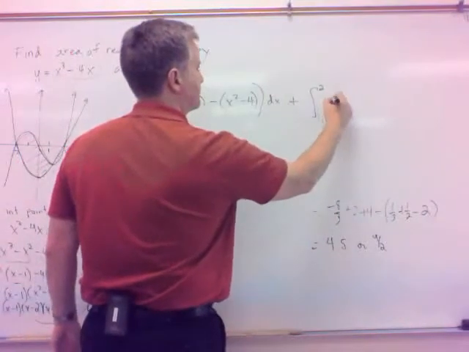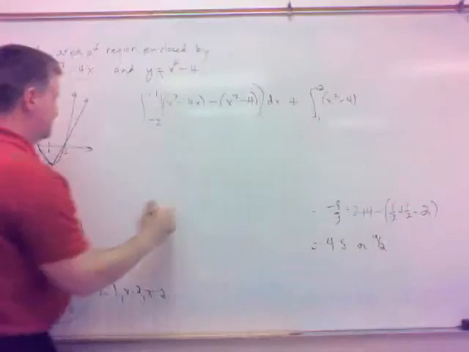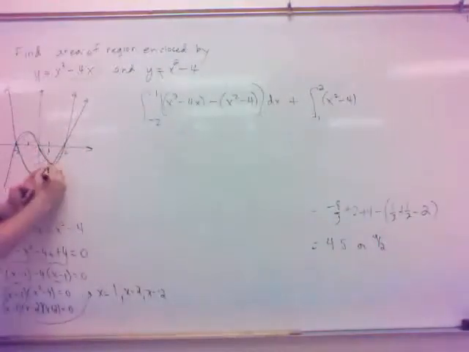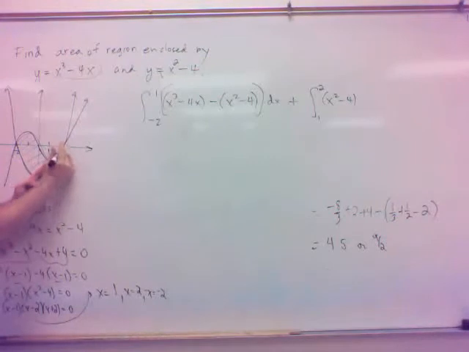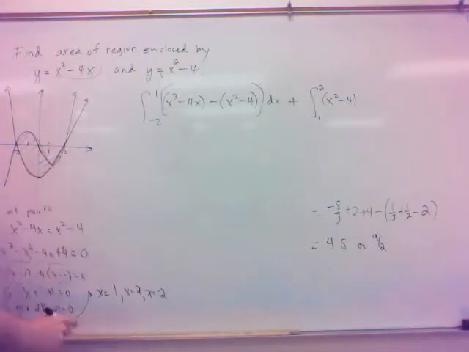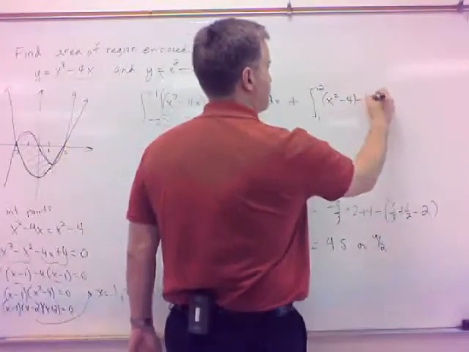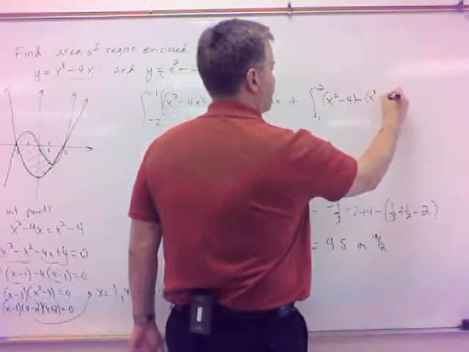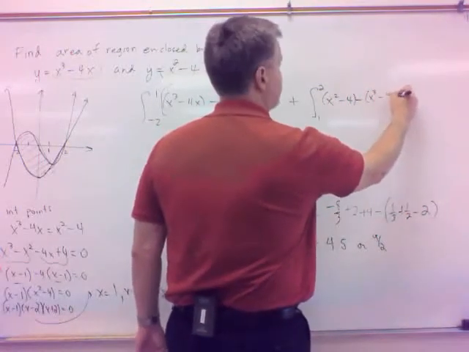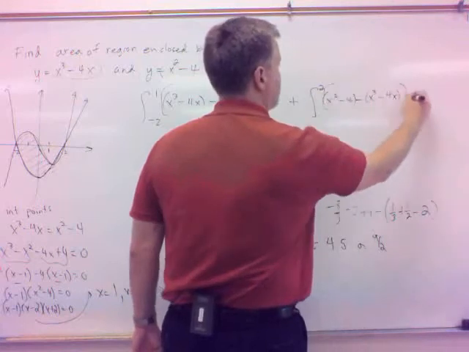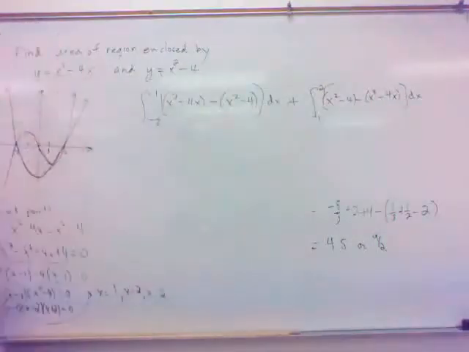The x squared graph's on top, isn't it? This is the x squared graph right here. So the x squared graph's on top from 1 to 2. The x cubed graph's on the bottom. So that's the x squared minus the x cubed, that range. With me on that?